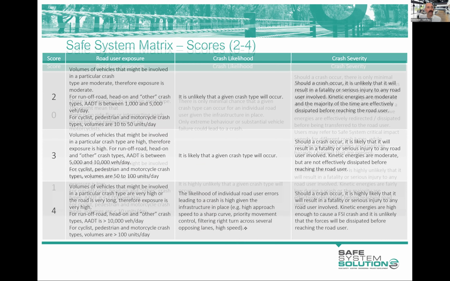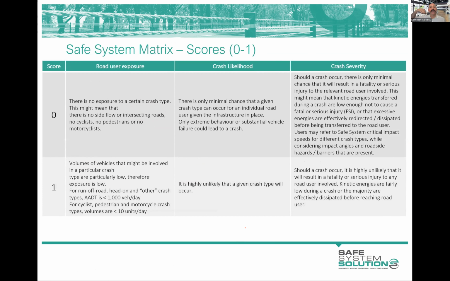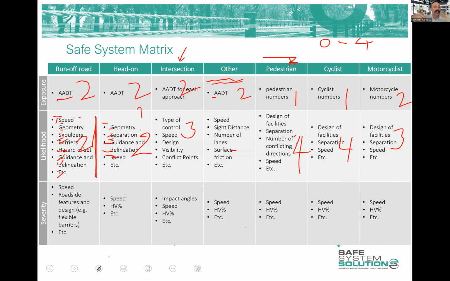We go back to our example. We've decided it's high speed, and we're thinking now: it doesn't matter how many people are exposed, it doesn't matter what the chance of them coming off the road is, because now we're thinking just about the severity. They've come off the road. What are they going to hit? We're talking about trees, poles, or are we talking about a barrier system they're going to run along? What's the speed they're going?